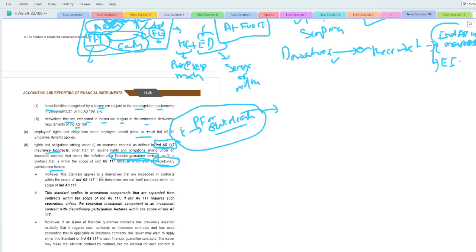However, this standard applies to derivatives that are embedded in a contract within the scope of Ind AS 117, if the derivatives are not themselves within the scope of Ind AS 117. Normally, by default, for a derivative you go for Ind AS 109.